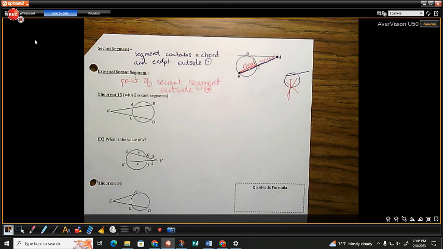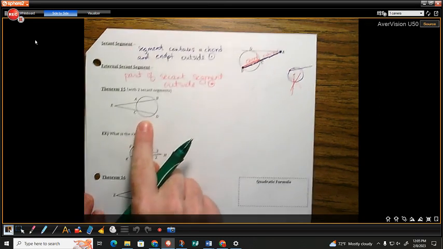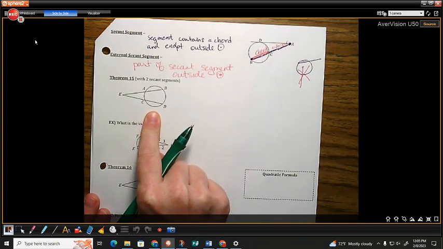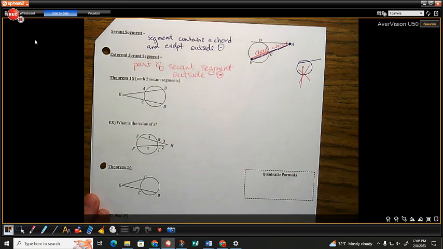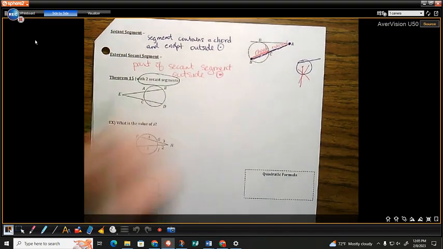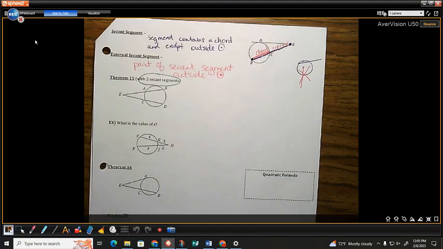Okay? So now look on your formula chart at theorem 15. It should have a picture that looks kind of like this. What do you see in this picture? Two secant segments. And what do you notice about those secant segments? They intersect.